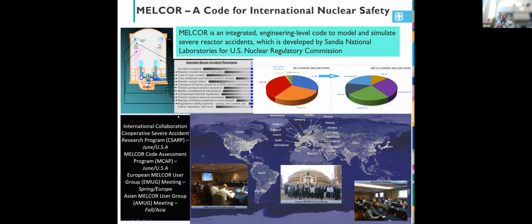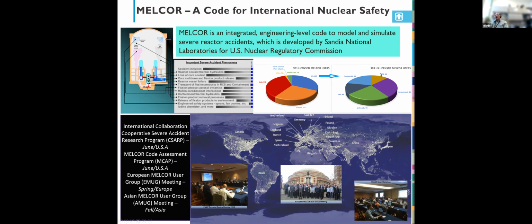Now, currently, we have over about a thousand users. This slide is a little old, showing it's used internationally. Like I say, we have over 1,000 licensed MELCOR users now. About a third is in Asia, a third in the U.S., and a third in Europe, and then some on other continents or regions.